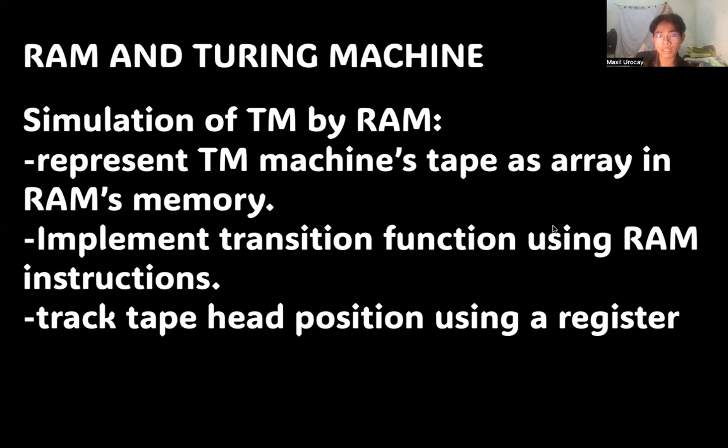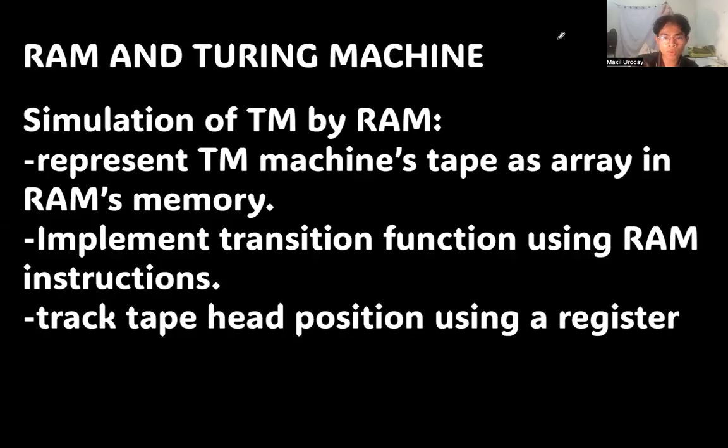For implementing the transition function, we use RAM instructions. And we also track the tape head position with a RAM register. How does it work? How can we simulate the Turing machine using the RAM model?